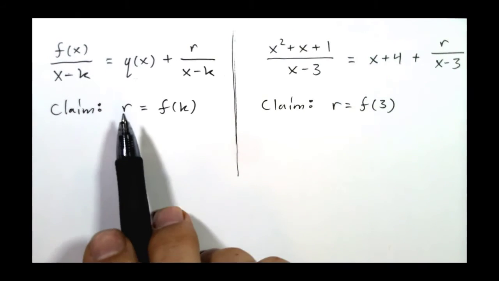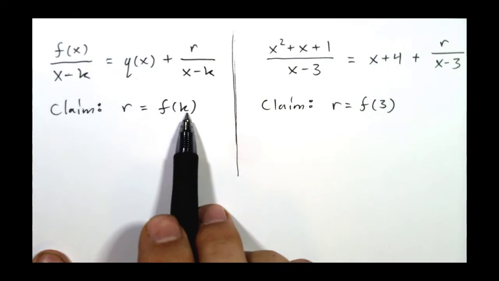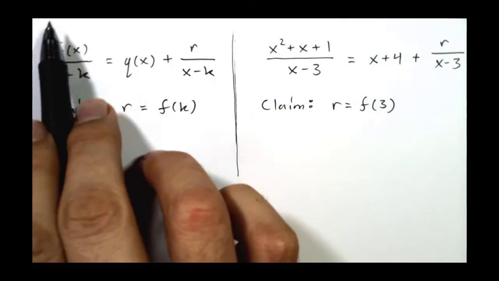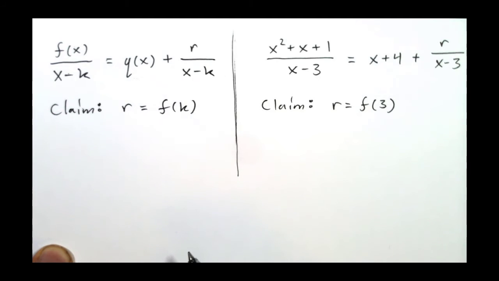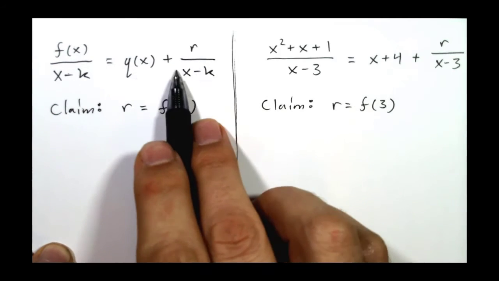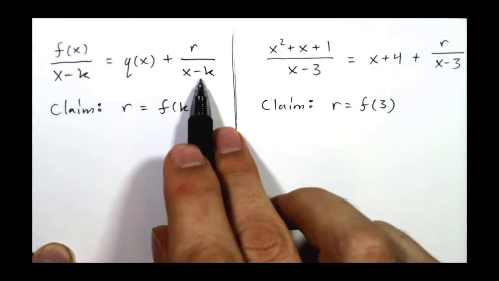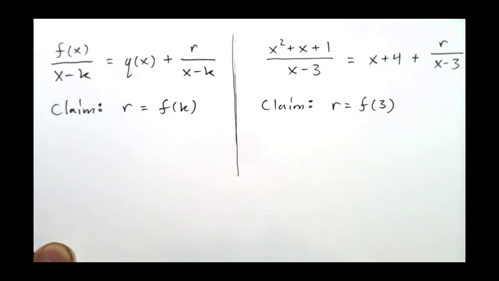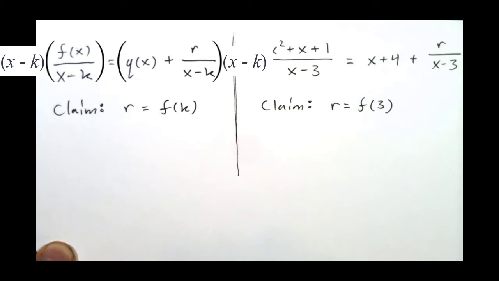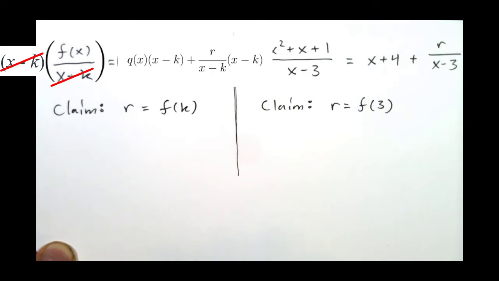Okay, so we want to show that r equals f of k. So let's take this expression and solve it for r and see if we can get f of k out of it. All right? So if I want to solve this for r, I probably want to multiply by its denominator. So let's multiply both sides of this expression by x minus k. All right, when I do that, the x minus k's cancel on the left, x minus k distributes on the right, and then cancels off beneath the r.